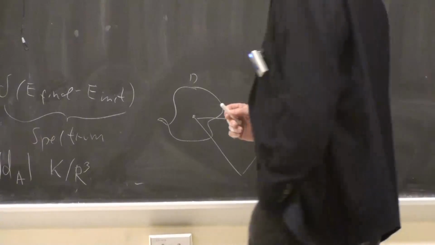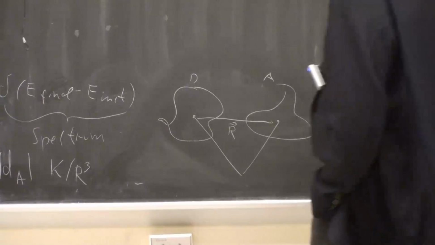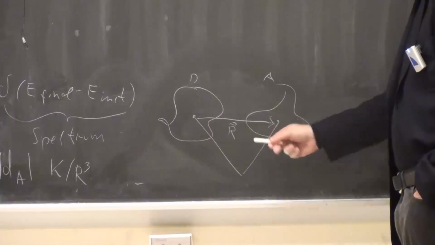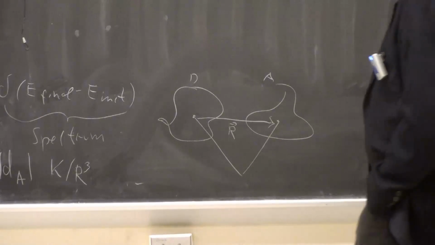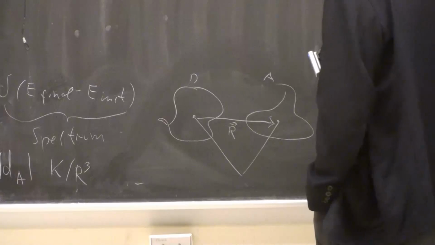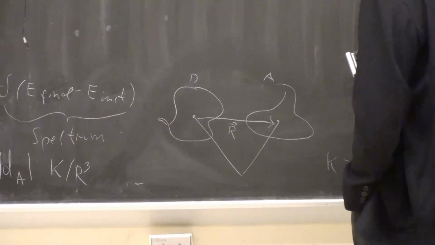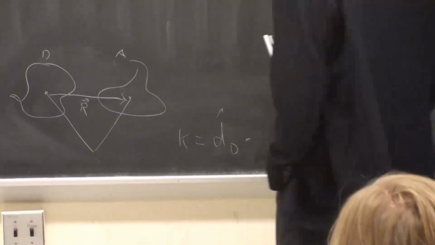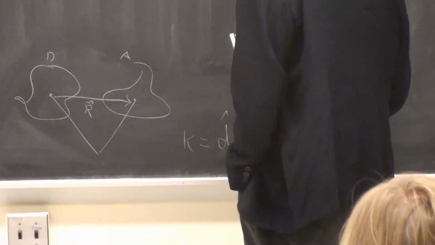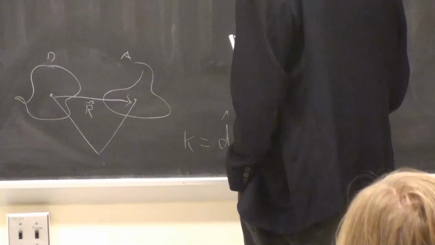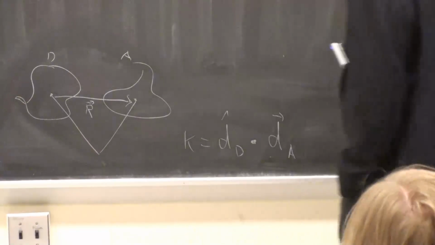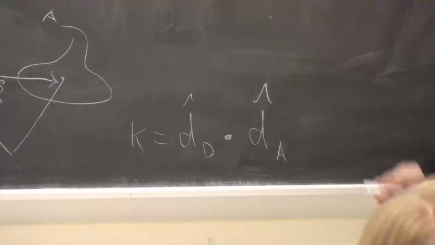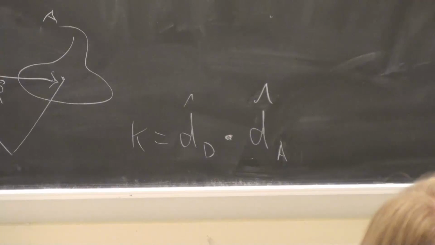And so this is a key quantity, and so this is the center of D, this is the center of A, and there's some vector that connects the two. And then we found that the kappa is the direction of the transition dipole moment in D, scalar product with the direction of the transition dipole moment of A. So these are unit vectors.